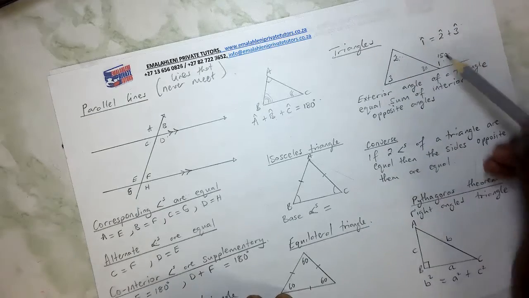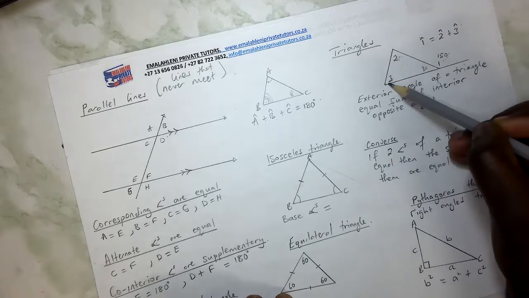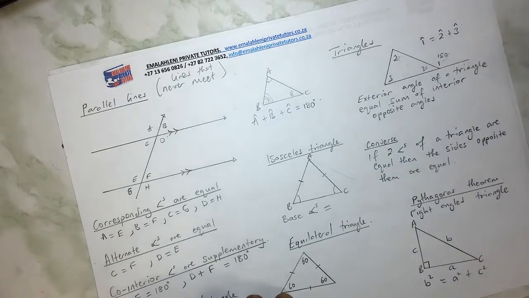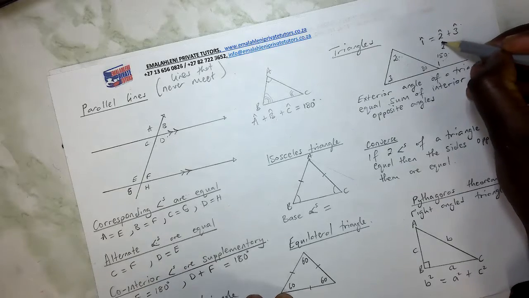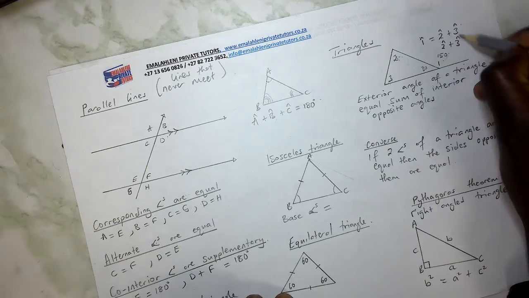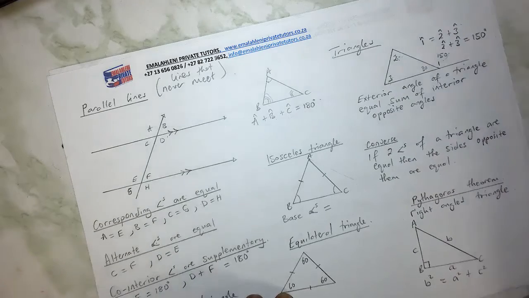So that's why we're saying 150 will be equal to the sum of these two angles. So angle 2 plus angle 3 will give us 150. Okay, that's what the sign here refers to.